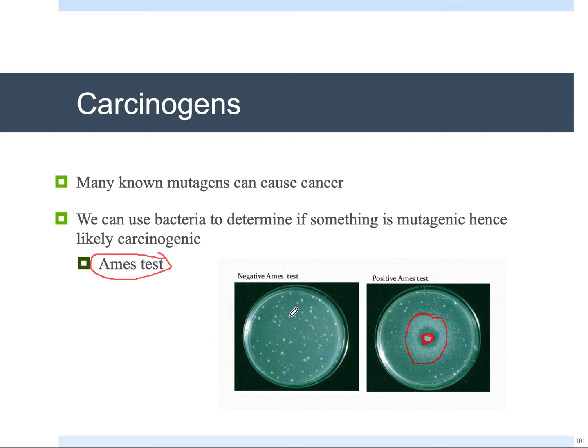So this is normal growth. This is faster than normal on a medium that they shouldn't be able to grow on. That tells you right away that something is amiss in these strains of bacteria, and that the element or the substance that we expose them to may be carcinogenic.